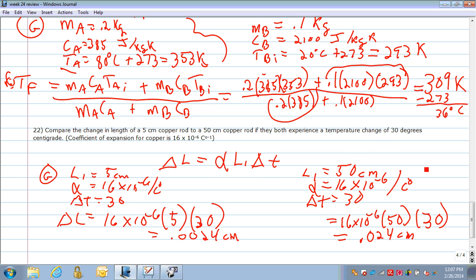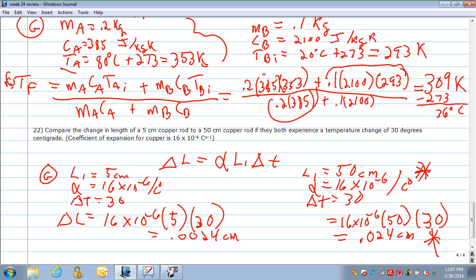Point being is that the one that was longer in the first place gained more length. And to be perfectly honest with you, you are not going to really have to use this equation. If you needed to use this equation to answer it, you've got it.